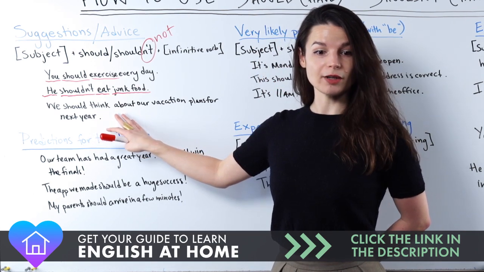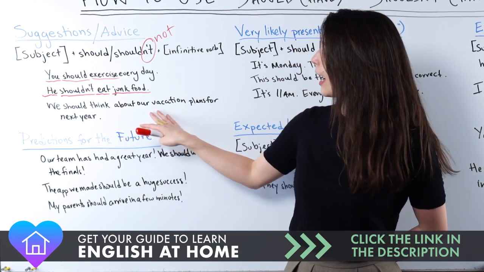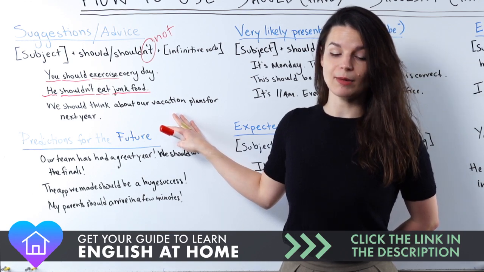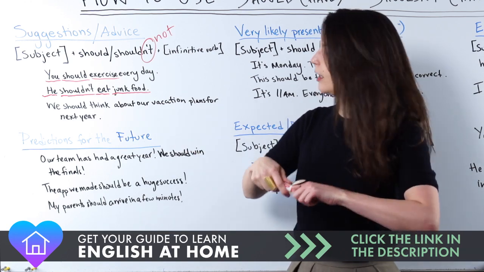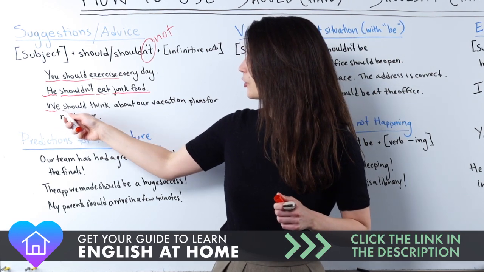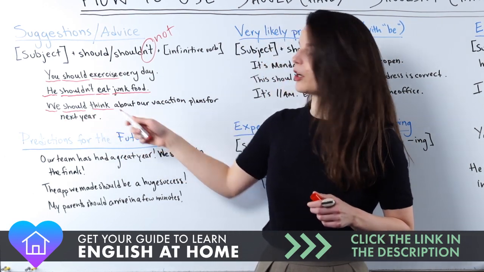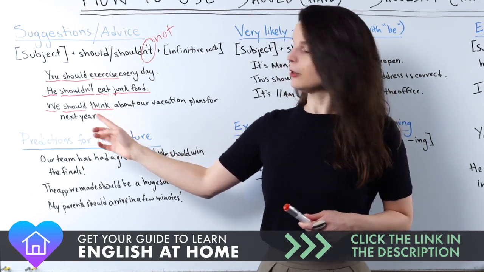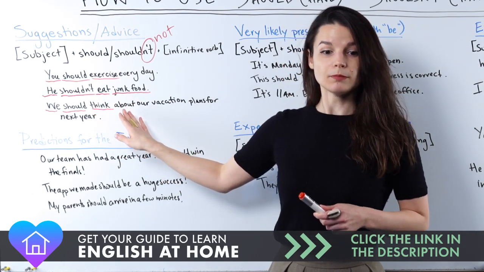Okay. We should think about our vacation plans for next year. So again, here's my subject, here's should, and my infinitive verb is think. I included this one because of this pattern, think about.